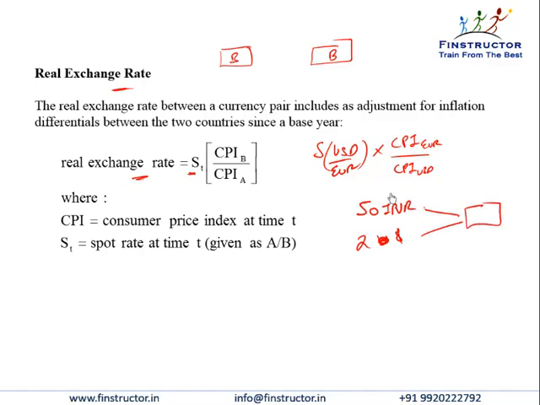This is the price in India and this is the price in US. The nominal exchange rate is given to be 50 INR per USD. Question asks, compute the real exchange rate.